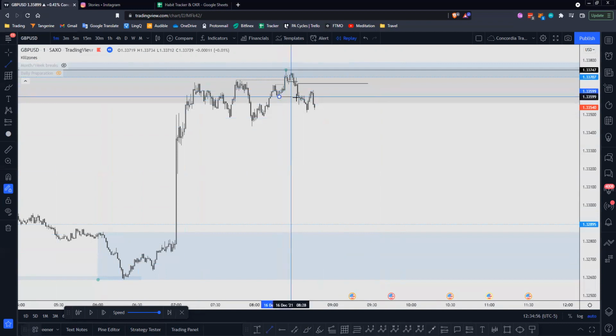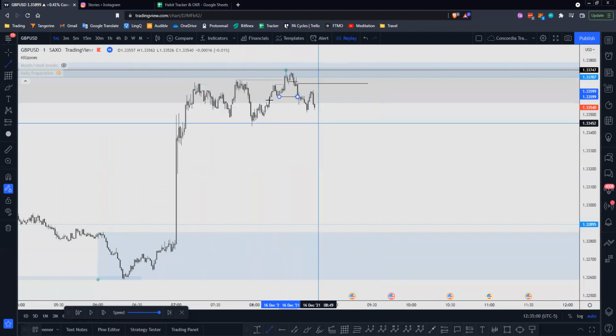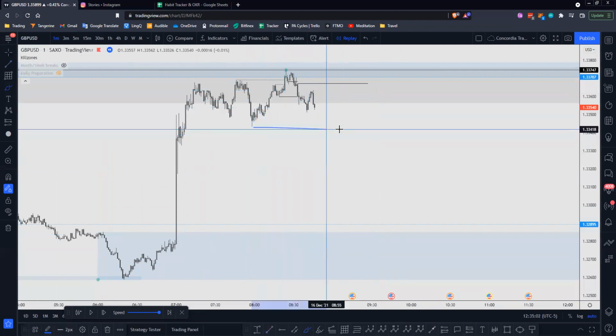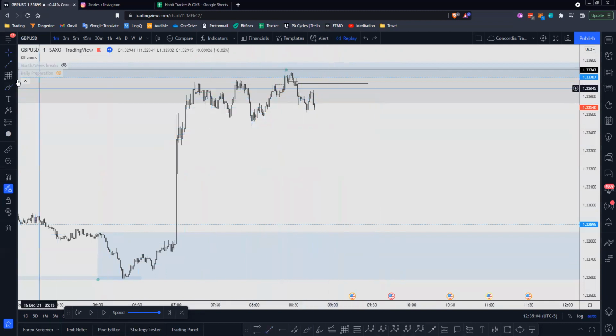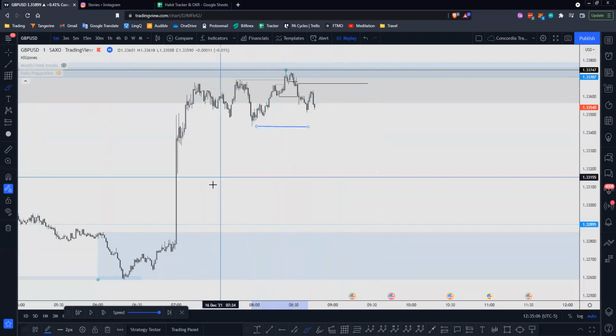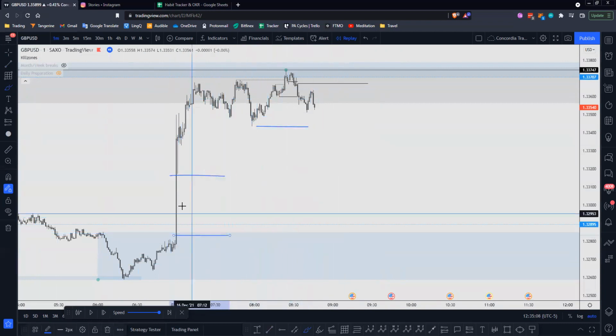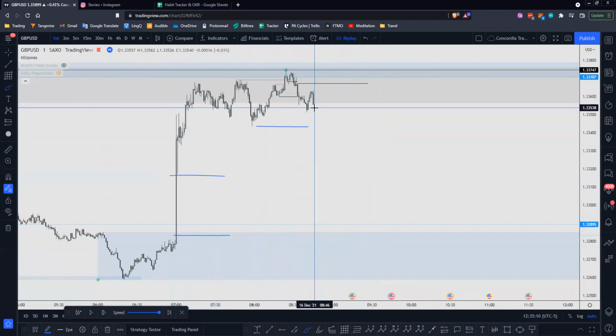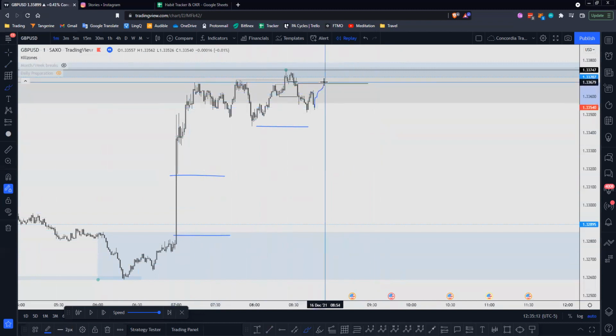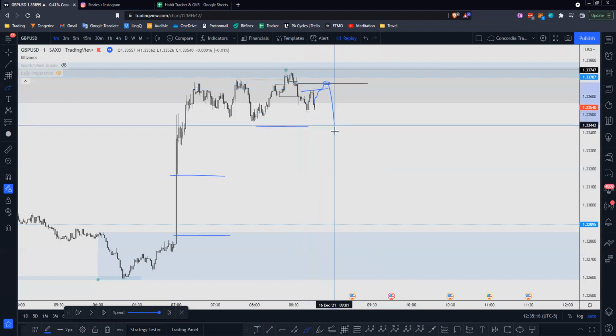But okay, so we got a break of structure here. So now we have a break of structure of this fractal. And so that means if this is going to come back down to here, right? If this is going to come back down to break this low and then come in and fill in this whole imbalance right here, then what we're going to see typically is an inducement right here, fill that, and then come back down.